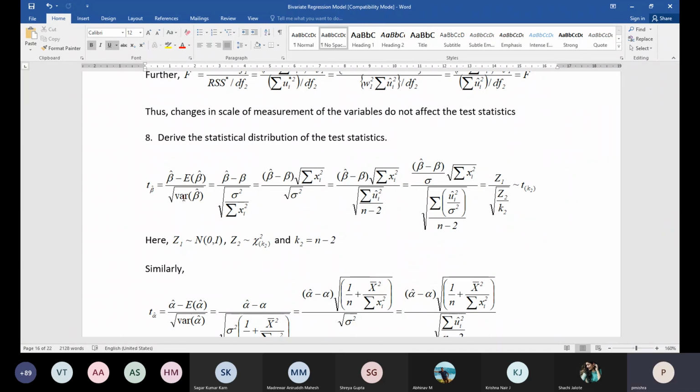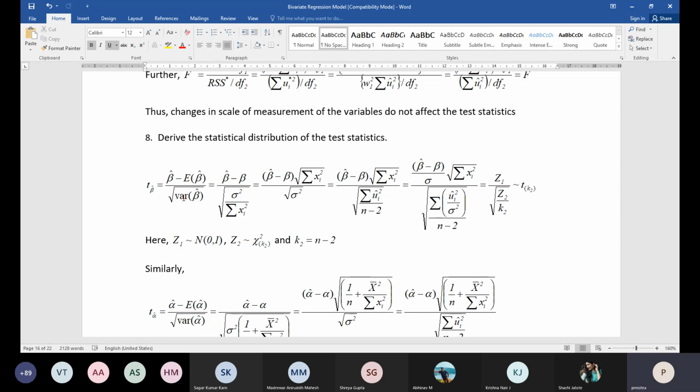This is the difference between standard deviation and standard error. It is basically the estimated standard deviation, because we don't know sigma square and we use an unbiased estimator of sigma square. So the standard deviation is replaced with the standard error.